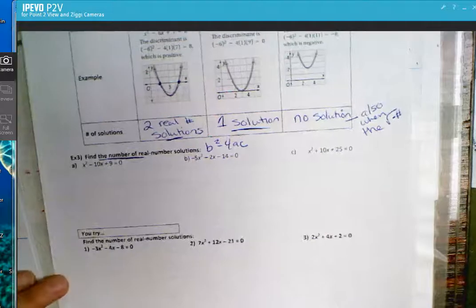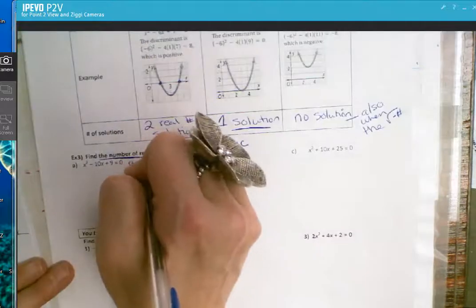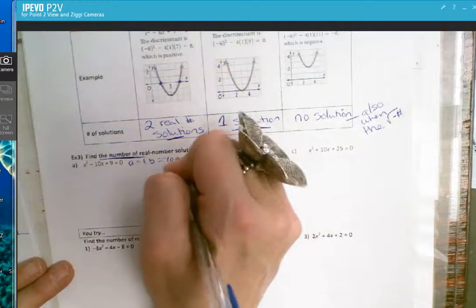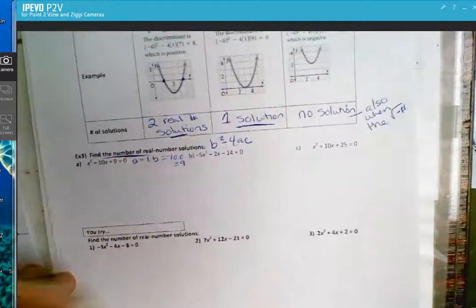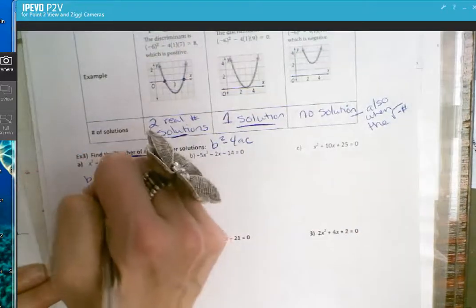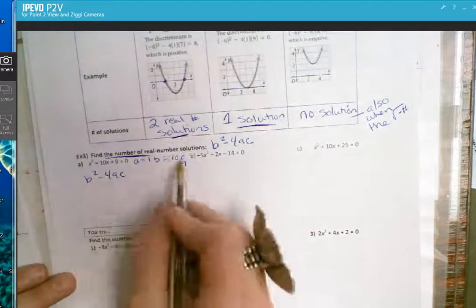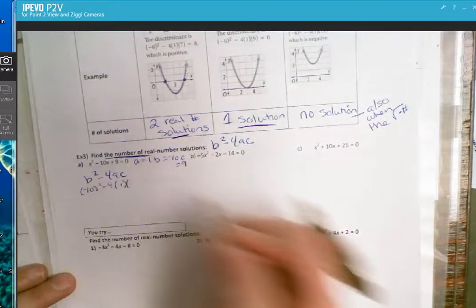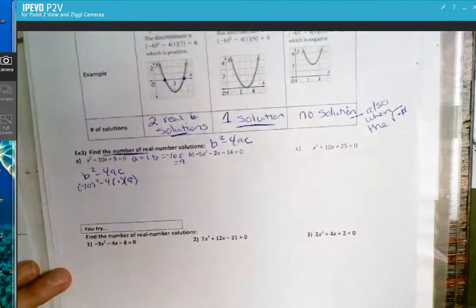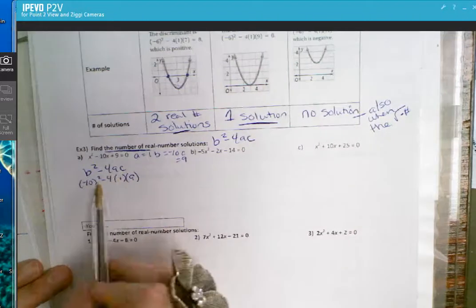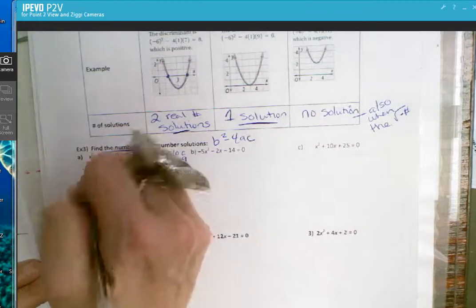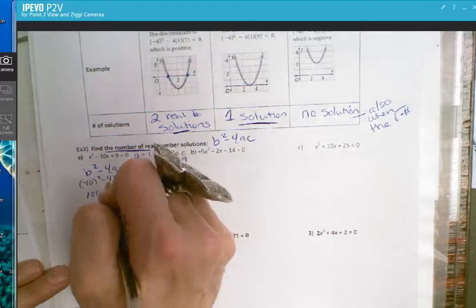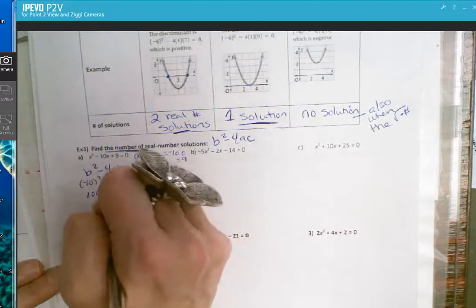So I'm going to identify a equals 1, b equals negative 10, c equals 9. And then I just substitute in the pieces. b squared minus 4ac. b is negative 10. Negative 10 squared minus 4 times 1 times 9. Watching your signs. Negative times a negative is a positive. 10 times 10 is 100. 4 times 9 is 36.